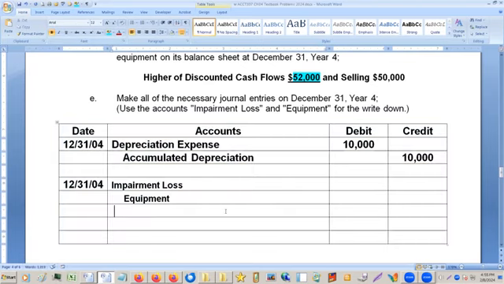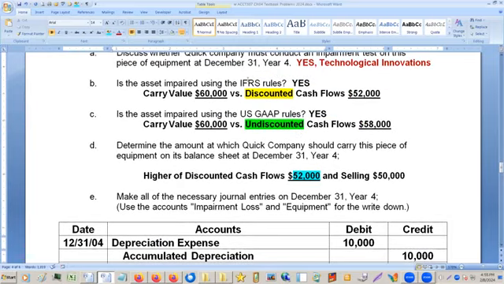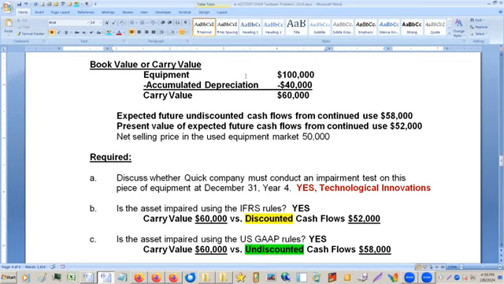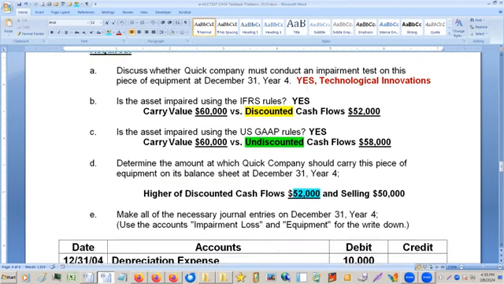All right. Let's see. Our loss was what? 52 compared to the carry value of 60. So this is the carry value. This is the higher of the discounted and the market. So the difference between those two, 60 minus 52, is 8.